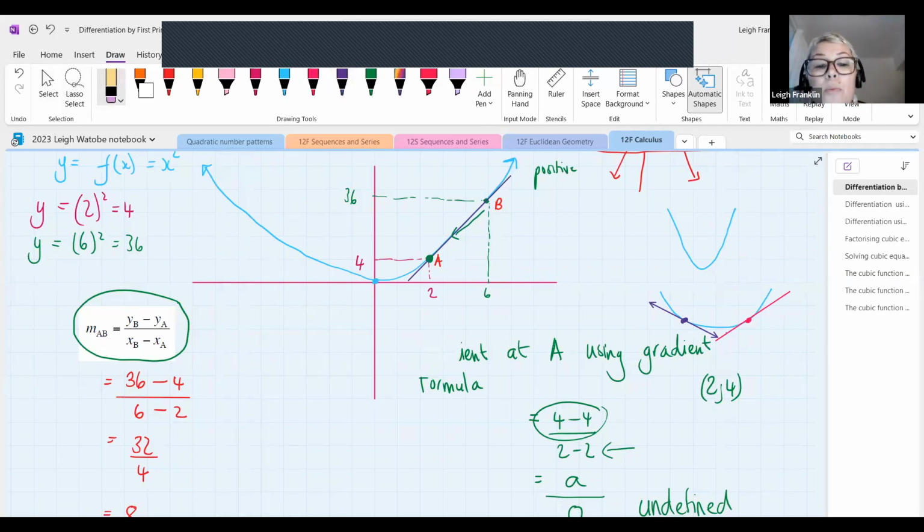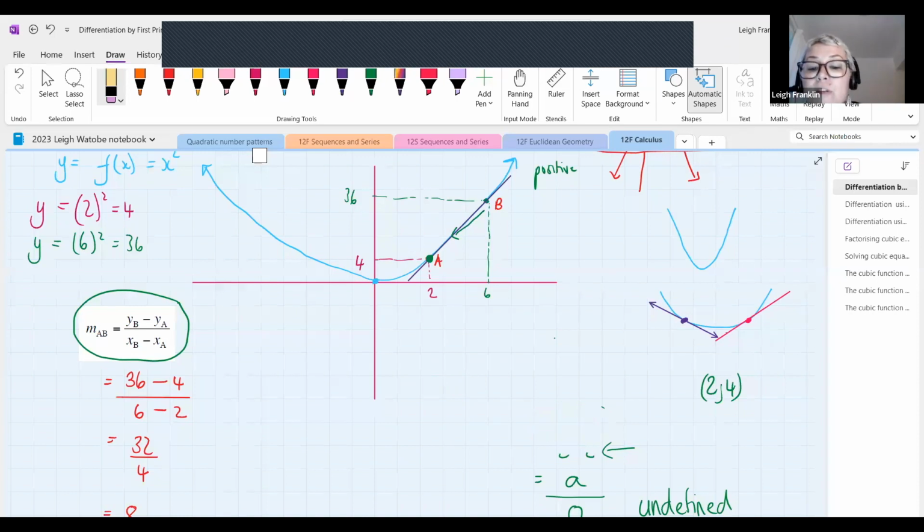Where it is purple, the gradient would be negative. Where it's pink, the gradient would end up being positive. And how negative or how positive it is would change depending on where I draw my tangent. So when you have a parabola, you have an infinite number of places where you could draw a tangent.